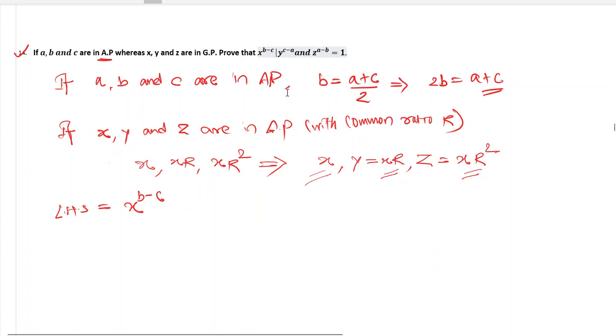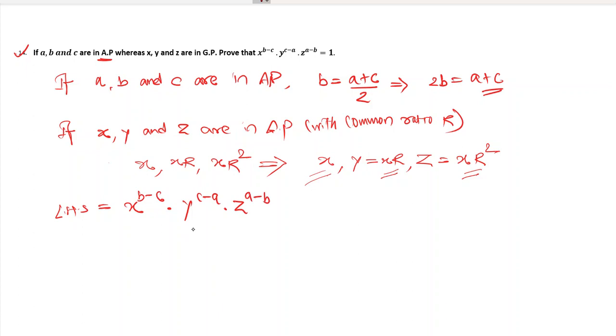There is a multiplication sign, so I'm going to put a dot here, and here also there is a multiplication sign, so I'm going to keep a space and dot. Okay, that's your LHS: x raised to b minus c into y raised to c minus a into z raised to a minus b.